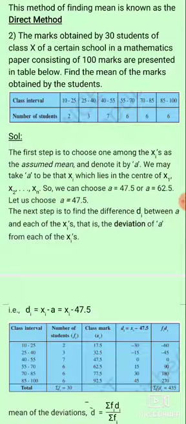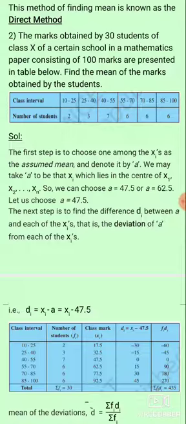Now we need to find fi into di: 2 into minus 30 is minus 60, 3 into minus 15 is minus 45, 7 into 0 is 0, 6 into 15 is 90, 6 into 30 is 180, 6 into 45 is 270.